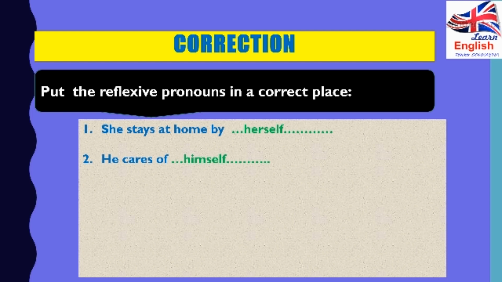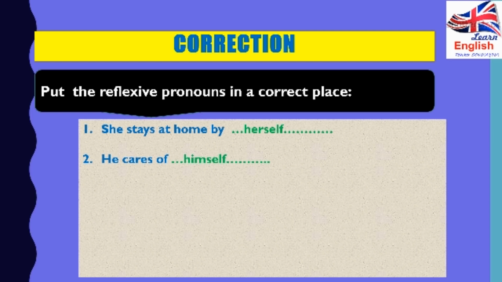So immediately we are going to put herself. Clear? So we have to memorize the subject pronoun first and then its reflexive pronoun. So we have she, immediately herself.